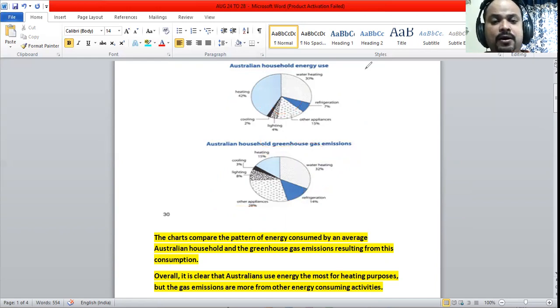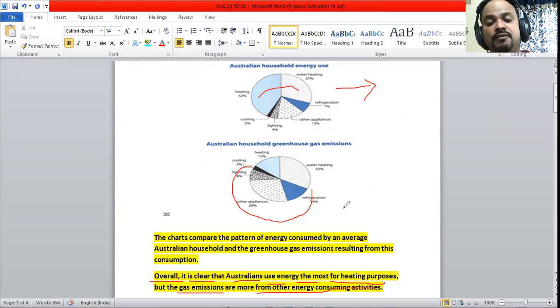Now I can go with the overview. Overall, it is clear that Australians use energy the most for heating purposes. That is a summary of the first chart. But the gas emissions are more from other energy consuming activities.